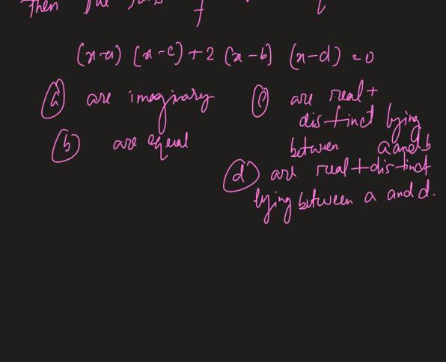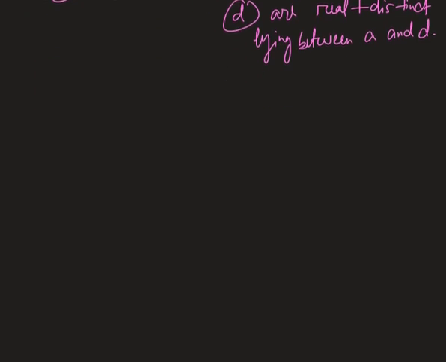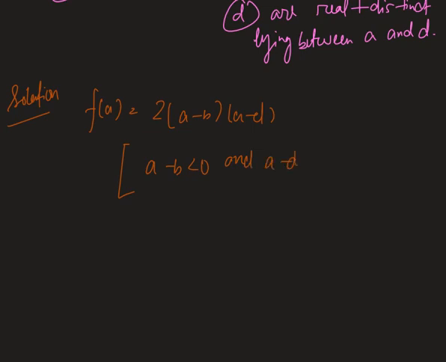Okay, now I try to solve this problem. Solution: first, we are to calculate f(a), which is nothing but 2 into (a minus b) into (a minus d). As a minus b is less than 0 and a minus d is also less than 0, therefore we can say that f(a) is greater than 0.